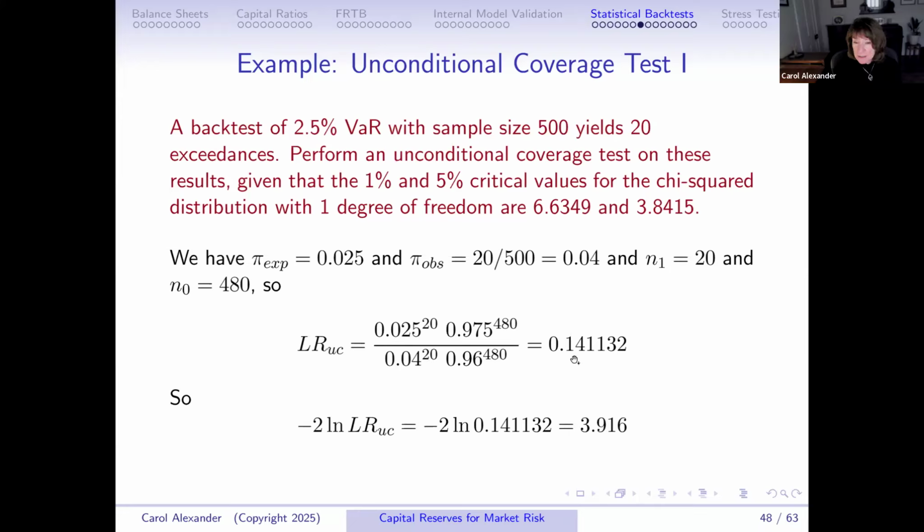Anyway, I managed to calculate it. It's 0.141132, and then taking minus 2 log of 0.141132, I get 3.916, which just exceeds the 5% critical value of 3.8415, but not the 1%. And so there is some evidence that it fails, but it's only failing at 5%, not at 1%.